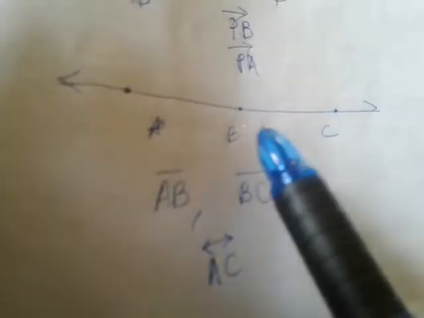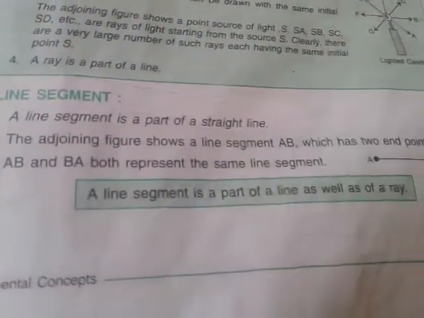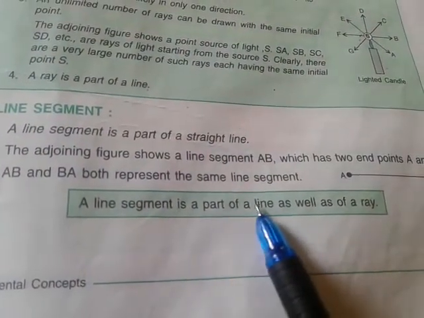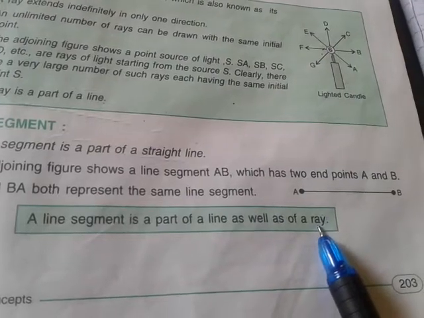Line segment AB and line segment BC are parts of line AC. So a line segment is a part of a line as well as of a ray.